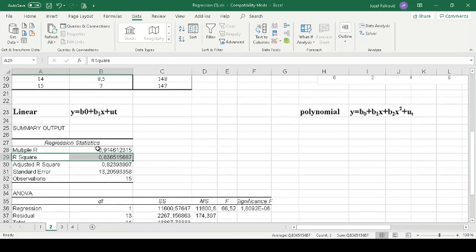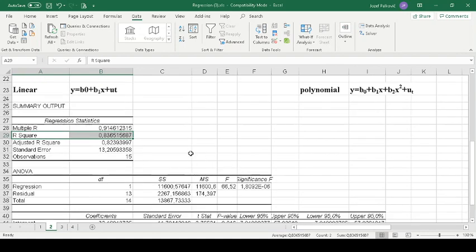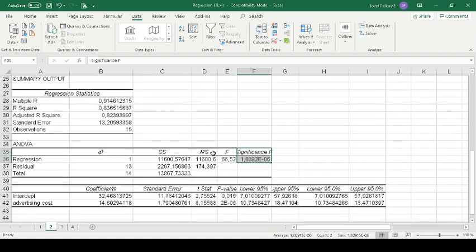Revenue is the dependent variable, so this function explains 83% of the variability of revenue, which is not bad. The function is significant, or the estimated model is significant. Significance F is smaller than 0.05. Also, the estimated regression coefficients are significant. Both p-values are smaller than 0.05.